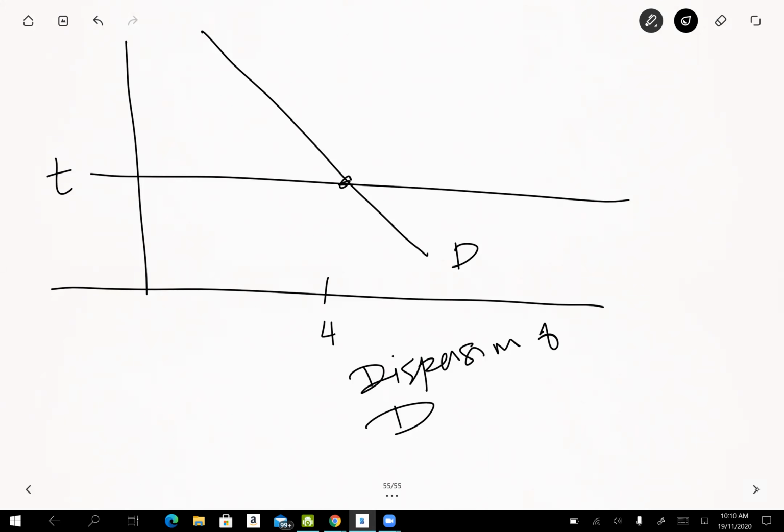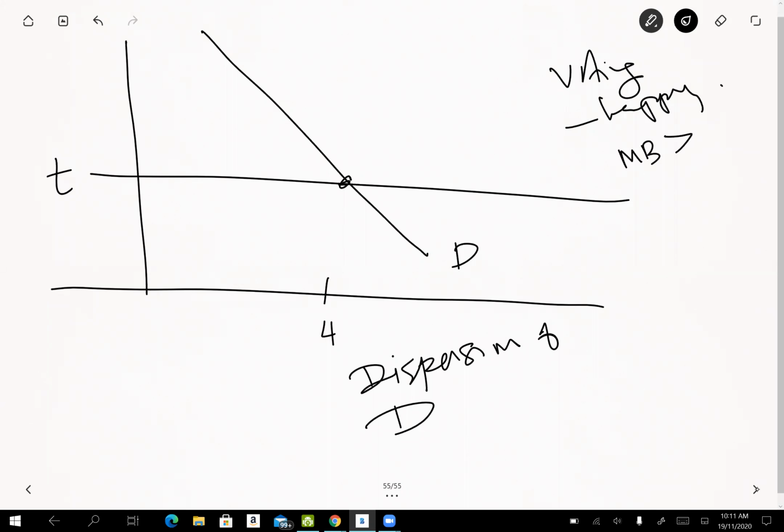As I think we discussed earlier, from the voting here, some people will not be happy. Some people will be happy. Those people who are happy are those who vote yes, and they get the outcome, and their marginal benefit is bigger or equal to the tax.